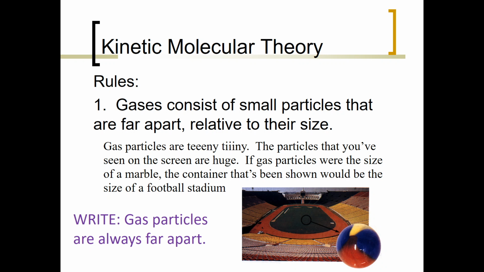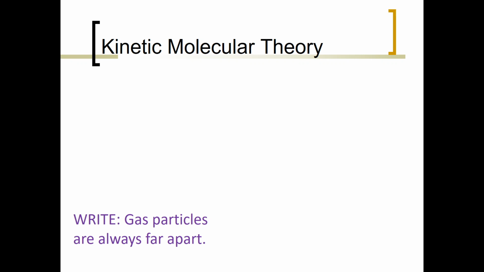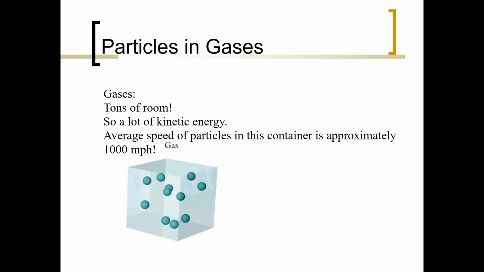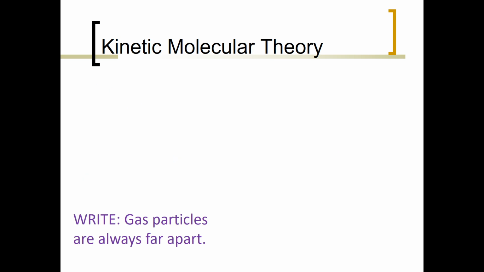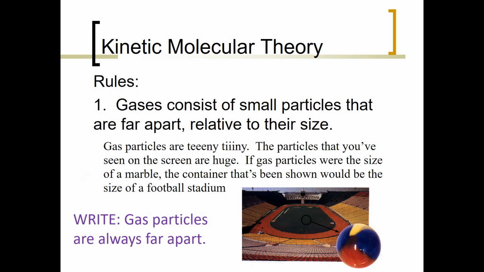So, rule 1. Gases consist of small particles that are very, very, very far apart relative to their size. So gas particles are teeny tiny. The particles that you've seen on your screen are huge. If gas particles were the size of a marble, the container that's been shown would have been the size of a football stadium. So if I go back to this picture right here, if that was the actual size, the container would have actually been the size of a football stadium, and them atoms would have been tiny marbles.